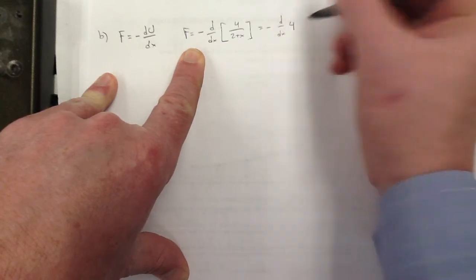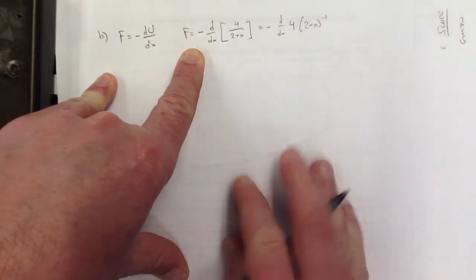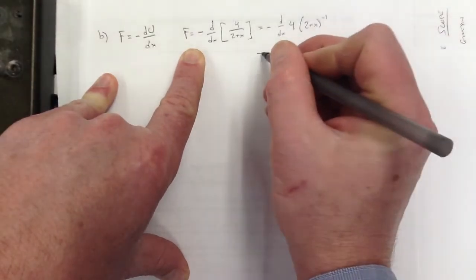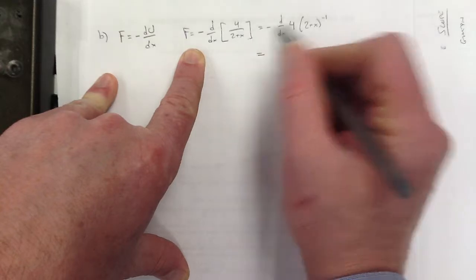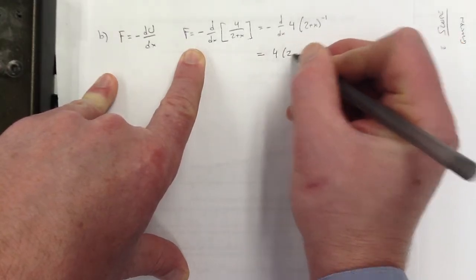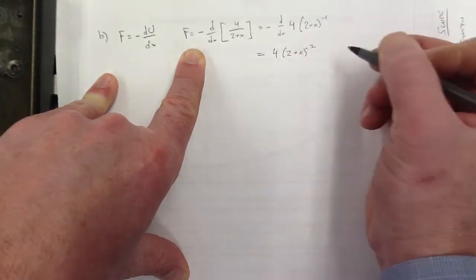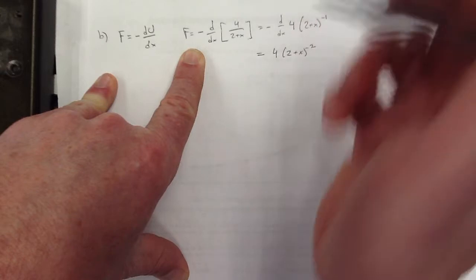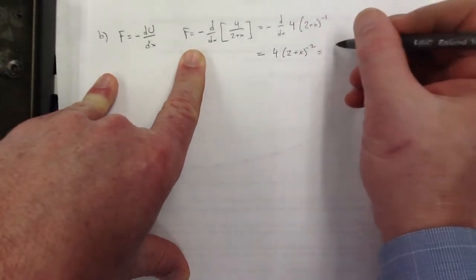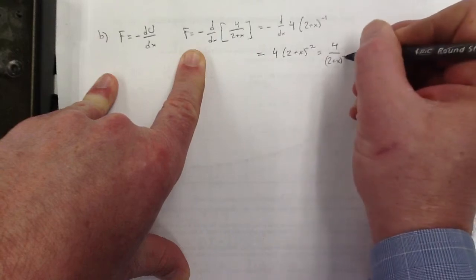Maybe better to write it for calculus friendliness like that. So that's equal to the negative sign. This is a power rule, so that's 4 times 2 plus x to the negative 2 times the derivative of what's inside, which is just 1. So it's 4 over 2 plus x squared.